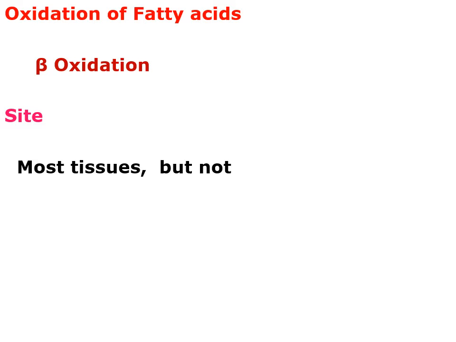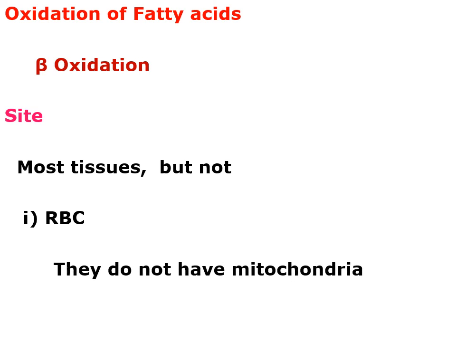It takes place in most of the tissues. Remember, in most of the tissues you see beta oxidation, except for the RBC, because beta oxidation takes place partly in the mitochondria and RBC do not contain mitochondria, and also the brain. Okay, so most of the tissues show beta oxidation.